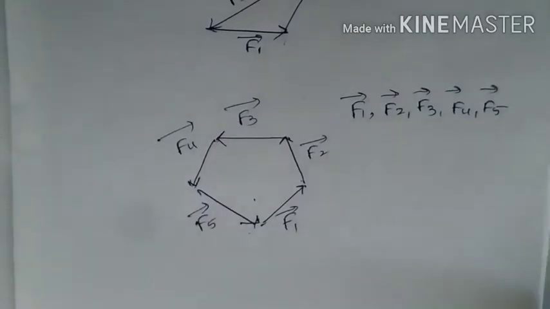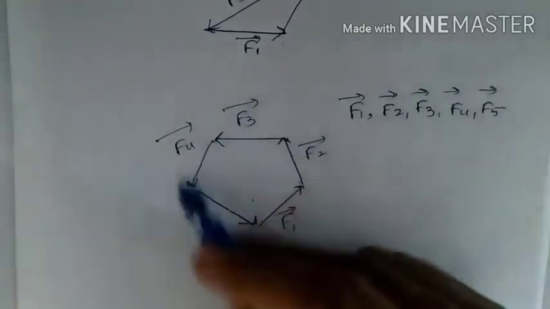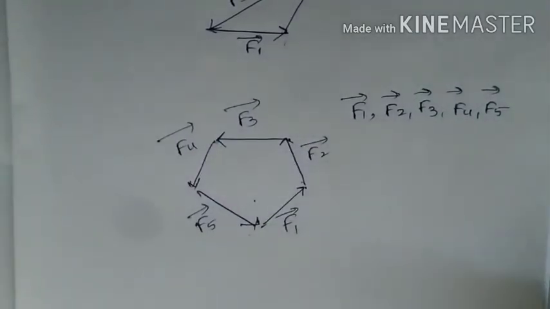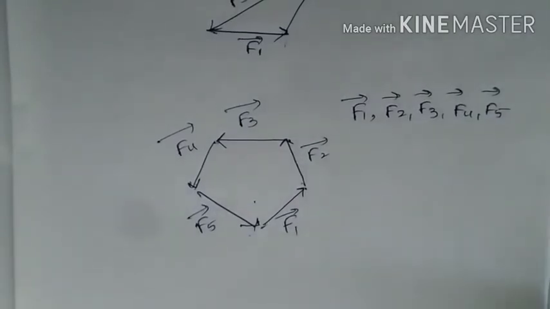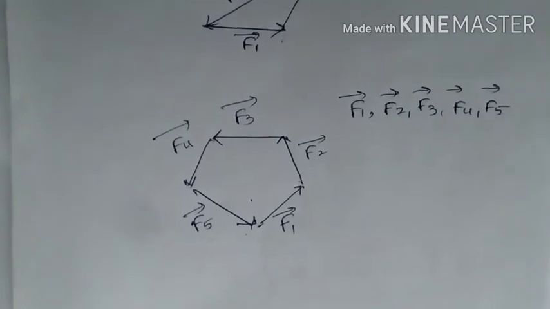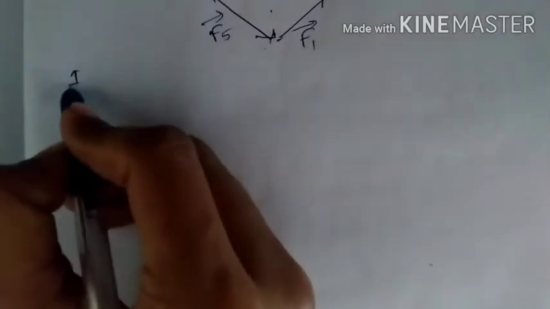So next, the condition for equilibrium of 3 coplanar concurrent forces can be given by the law of triangle of forces and Lami's theorem. So this is for 3 coplanar concurrent forces.